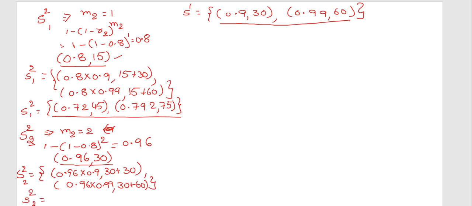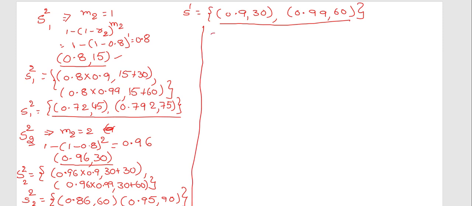Finally, multiplying these two, we get 0.86 comma 60, 0.95 comma 90. I think you got the answer. All these are connected in series fashion. I don't know how many copies I have to make, that is the reason I am calculating all possible cases.